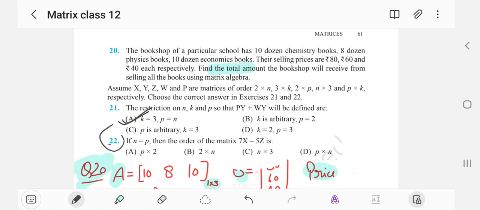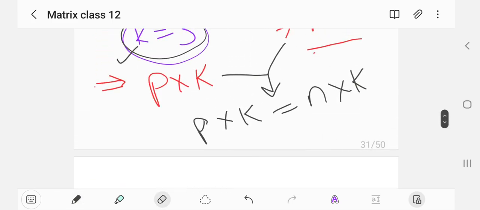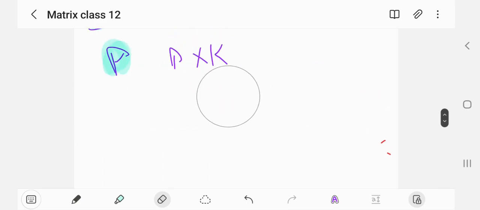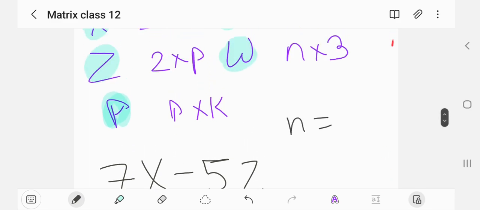In this question, it is saying that if n is equal to p, then find the order of the matrix. This is again a very simple question. Just break each and every part, try to examine, and you will reach your answer. So we have to find the order of the matrix 7x minus 5z. Also one more thing given to me is n is equal to p.